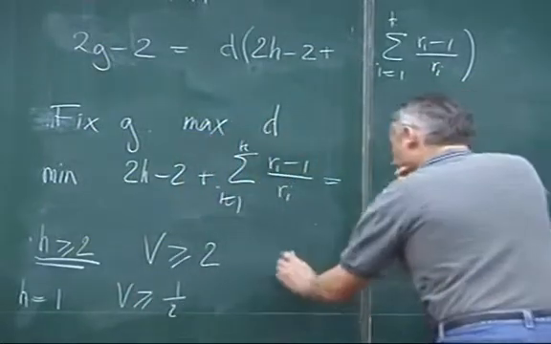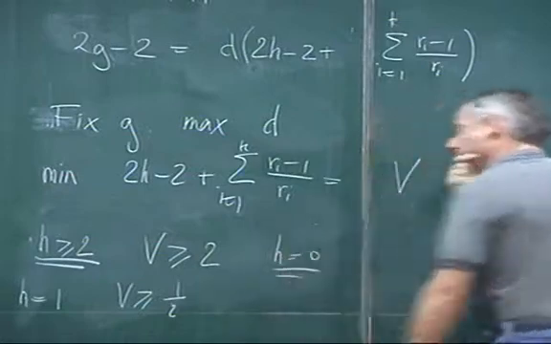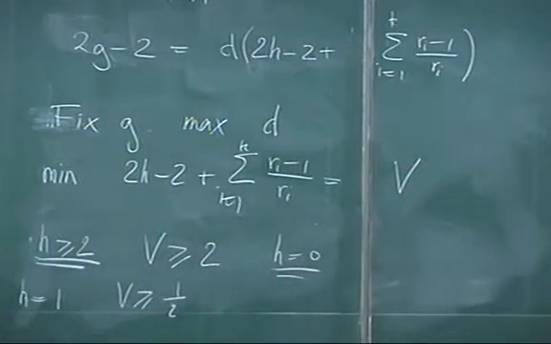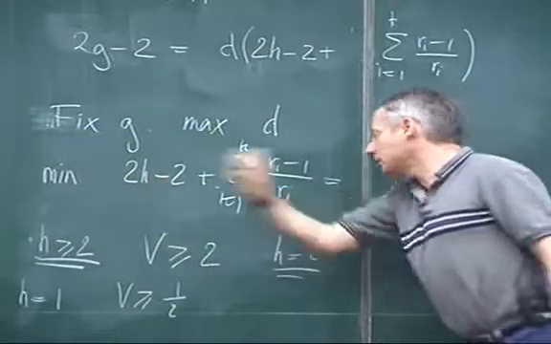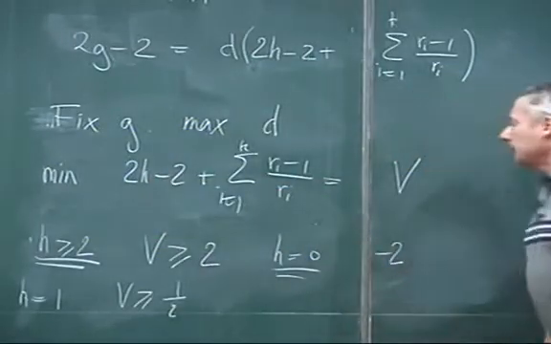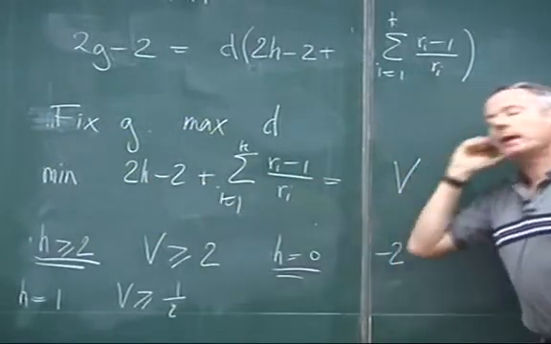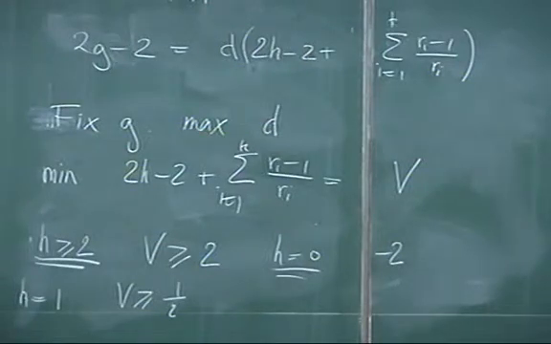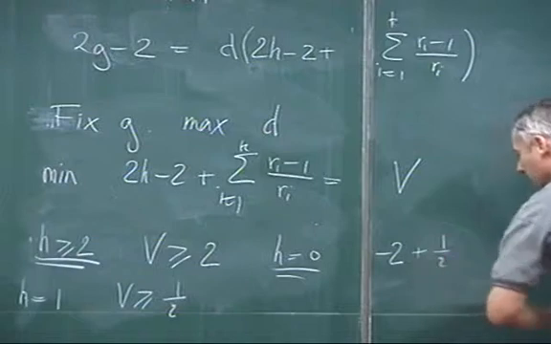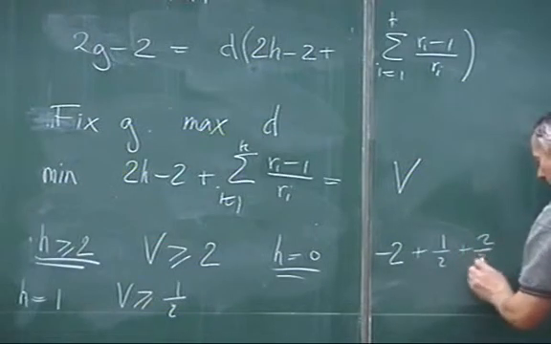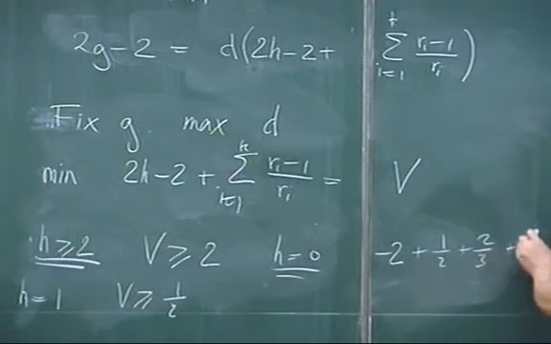So the final possibility is that h is 0. The base curve is P1, and then of course I get this minus 2, and then I've got to add these points back in and somehow get something that's positive. And it turns out the best case is where you take something of index 2, something of index 3, and something of index 7.